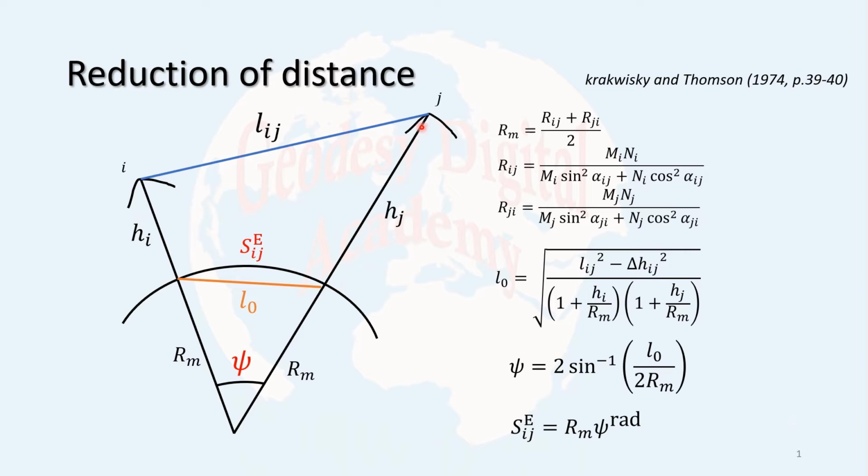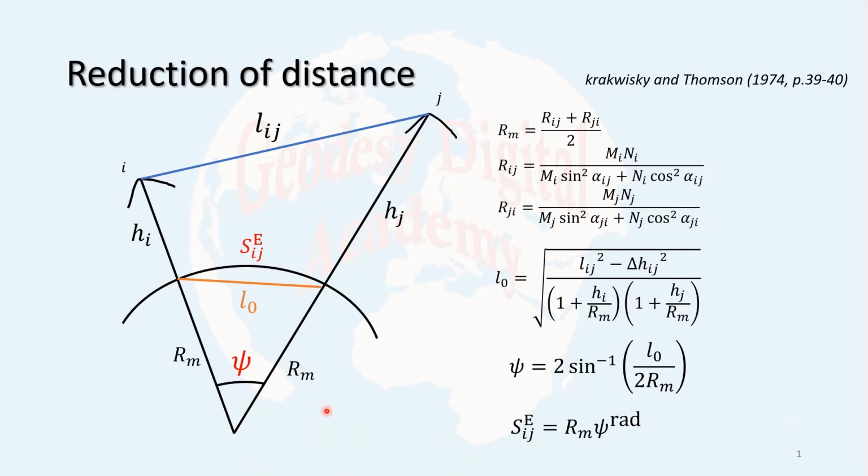For doing so, it's simple. You just use the cosine rule in trigonometry. Write the cosine for this angle, geocentric angle, in front of the spatial distance. This side squared is equal to this side squared plus this side squared minus 2 times this side and this side times cosine of psi.